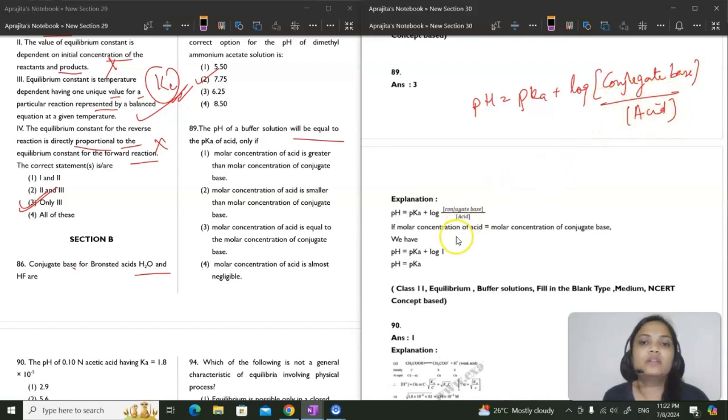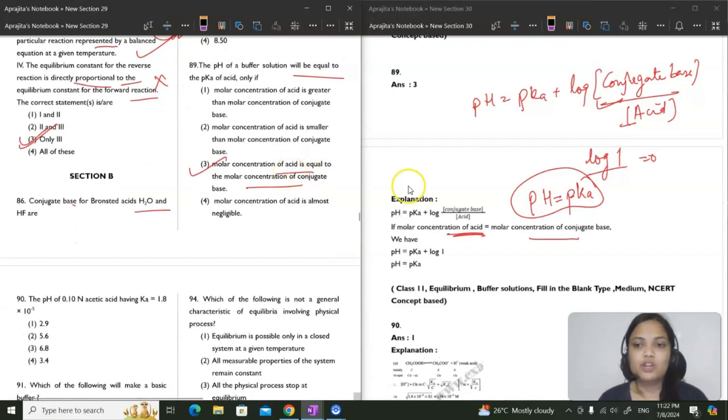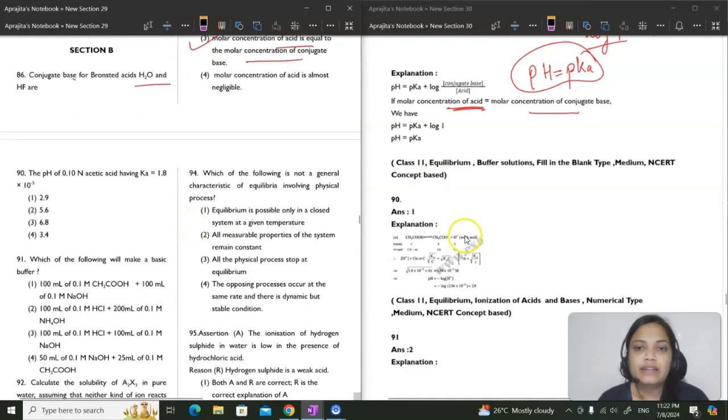So if the molar concentration of acid is equal to the molar concentration of base, it will be log 1, and log 1 is 0. In that case pH will be equal to pKa. So the answer is option 3, when the molar concentration of acid is equal to the molar concentration of conjugate base.